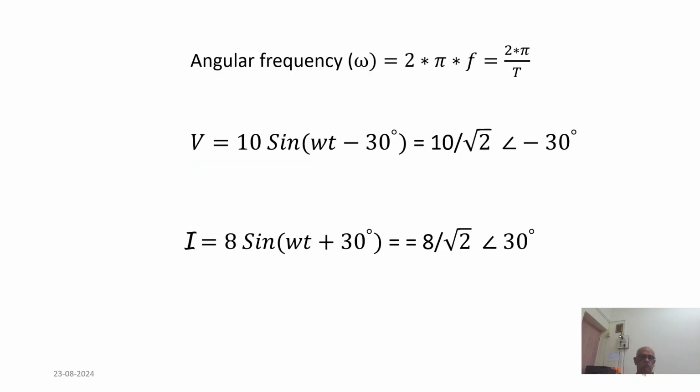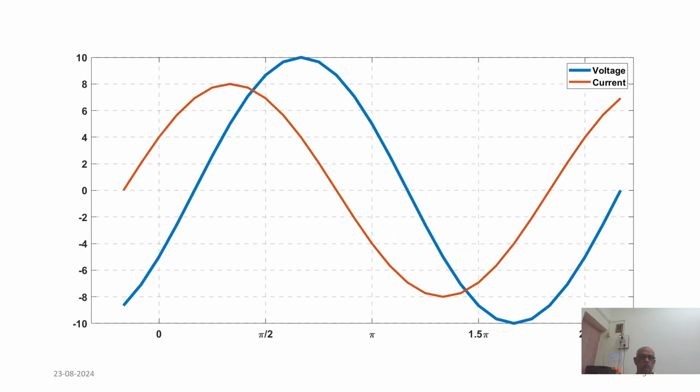So essentially, if you try to express this mathematically, your voltage and current waveforms are like this. The voltage has started from some value at t equal to 0, which was -5, and then subsequently it has gone up to 10, and then it started reducing and has come back again to 0.